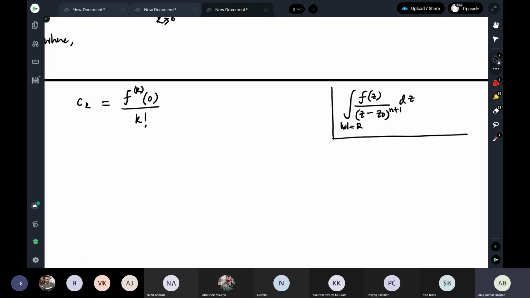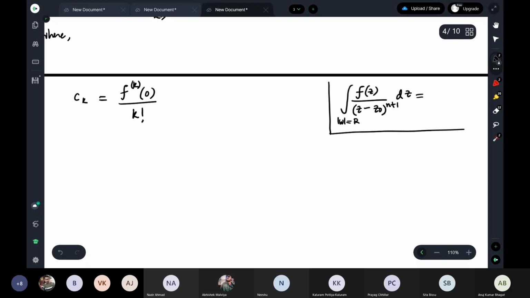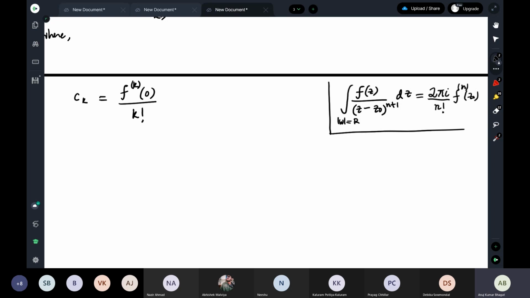What is the value of this integral? It is the n-th derivative of f at z naught times 2 pi i divided by n factorial. Yes, I should also have 2 pi i here. So 2 pi i divided by n factorial times the derivative of the function at z naught, right? I have written the formula correctly, right? Yes.